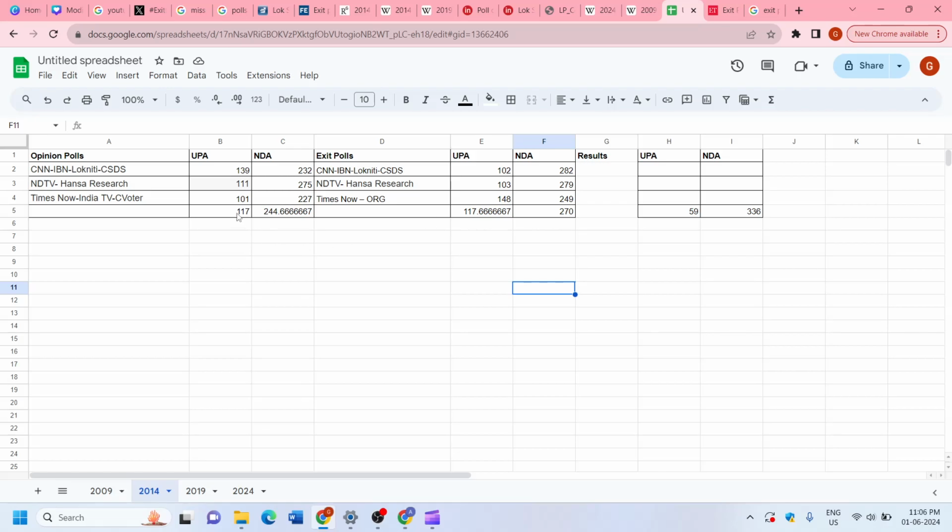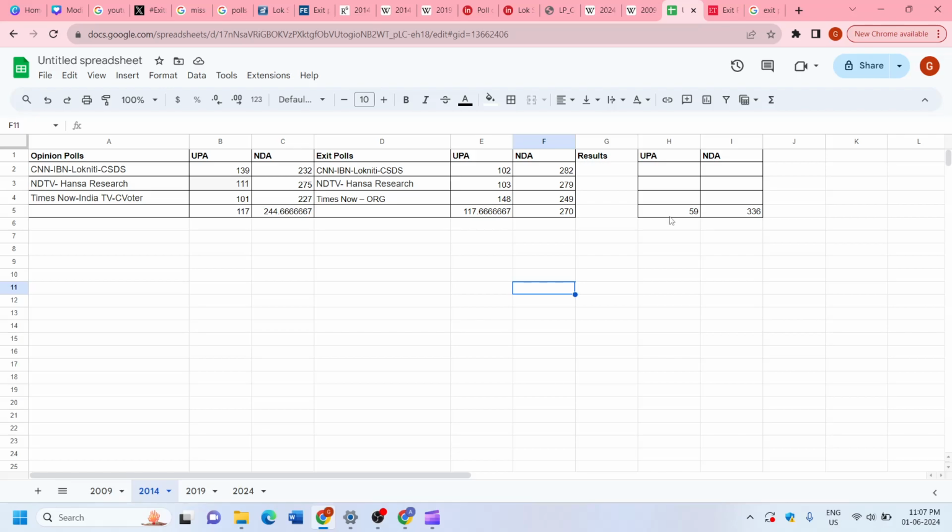So we can see here that there is a change in the amount of seats that were predicted for the opinion polls and the exit polls, but once again, the overall direction of the voting pattern remained the same. NDA got more seats than UPA, which is what the polls showed, but the magnitude was far off.